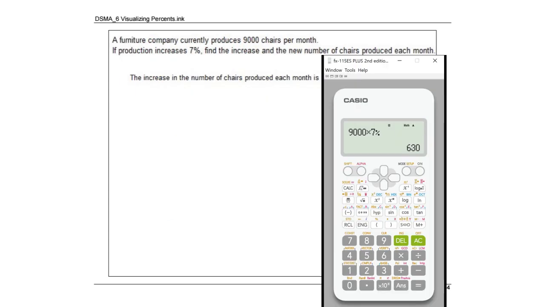Right, this is a 2-part problem. We've got a furniture company that currently produces 9,000 chairs a month. And if production increases 7%, find the increase and the new number of chairs produced each month. So to find the increase, we can, again, use our Casio and just multiply by 7%.